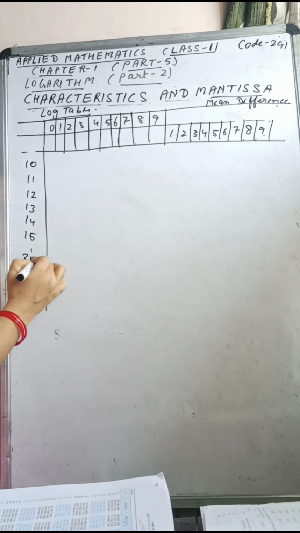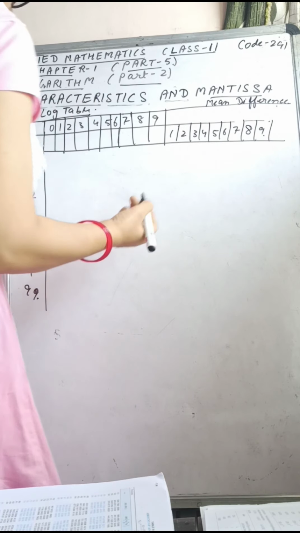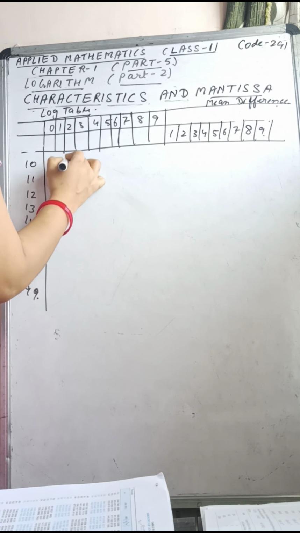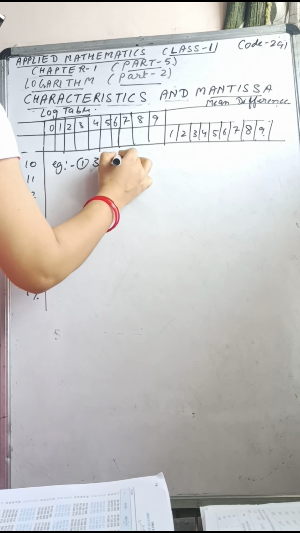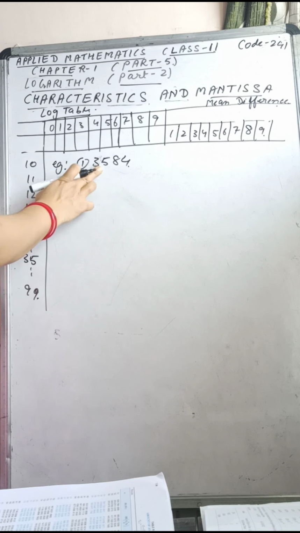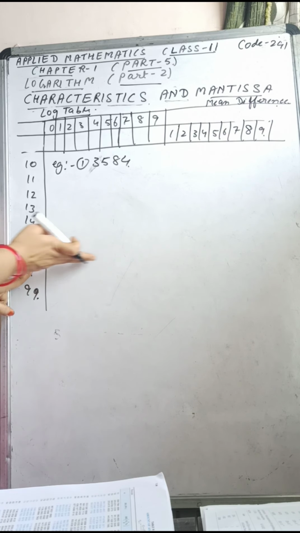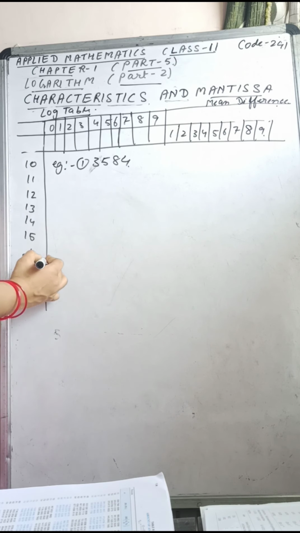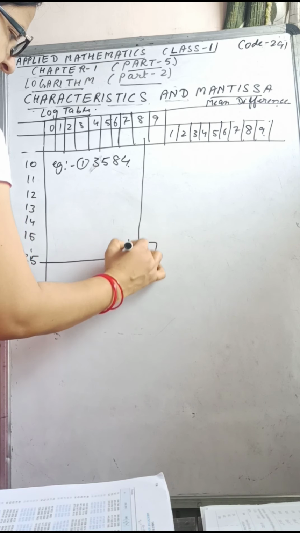I am writing example number 1, 3584. Now we will see row 35. In row 35 I will proceed till column 8 comes. This is the number I have to see.